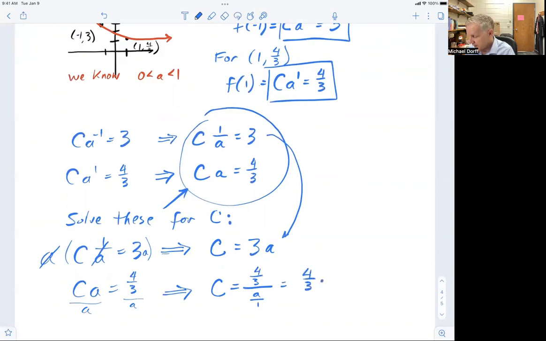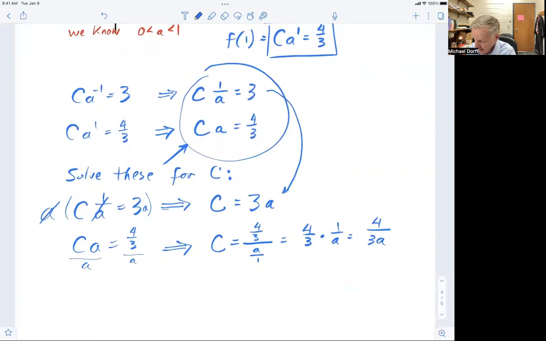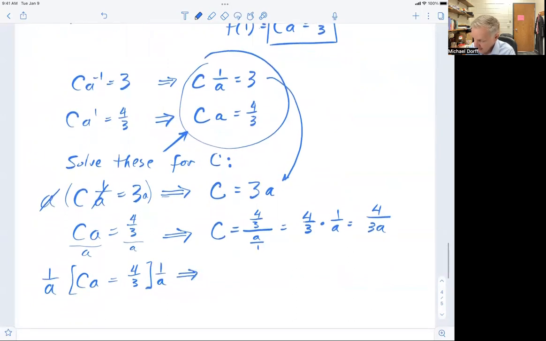So I have 4/3 times 1/A, or 4 over 3A. I think a better way, if you started off with C times A equals 4/3, is to multiply both sides by 1/A. The 1/A and the A cancel out on the left side and you get C, and on the right side you get 4 times 1/(3A). You get the same thing, but I think it just comes quicker.